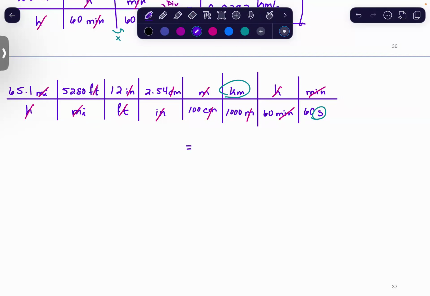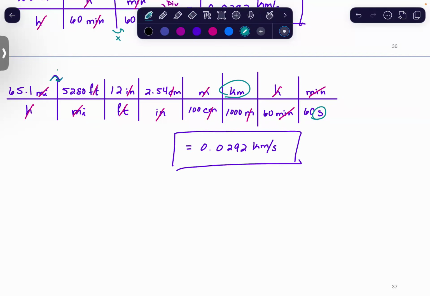And when I multiply this all up, I get my 0.0292 kilometers per second. And so, of course, the way I would do this is 6.51 times 5280 times 12 times 2.54 times 1 times 1 times 1 times 1.